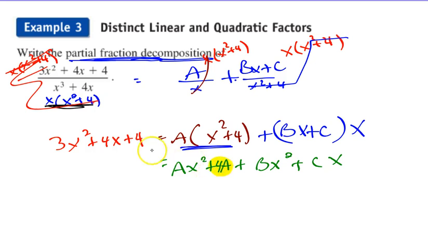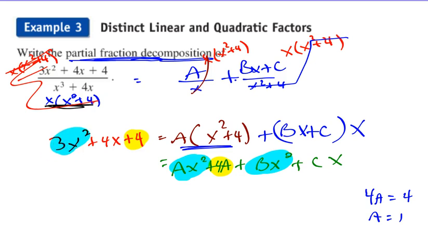This is just a constant, which I can see matches up with the 4. So all of a sudden I know 4A has got to equal 4, because that's the only constant in here, and I know constants have to equal constants. So I would say A has to equal 1. Another matchup would be, let's see, my x squared terms have to equal 3x squared. So I'll write that out. I know 3x squared has to equal, in fact, I'll even factor this.